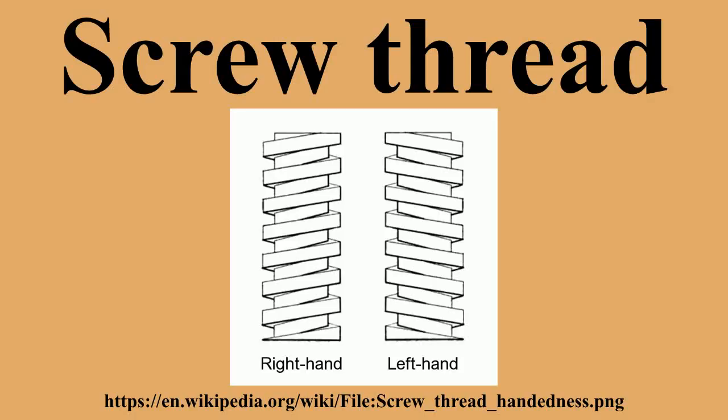Inch-based standards usually use the reverse logic, that is, how many threads occur per a given distance. Thus, inch-based threads are defined in terms of threads per inch. Pitch and TPI describe the same underlying physical property, merely in different terms. When the inch is used as the unit of measurement for pitch, TPI is the reciprocal of pitch and vice versa.